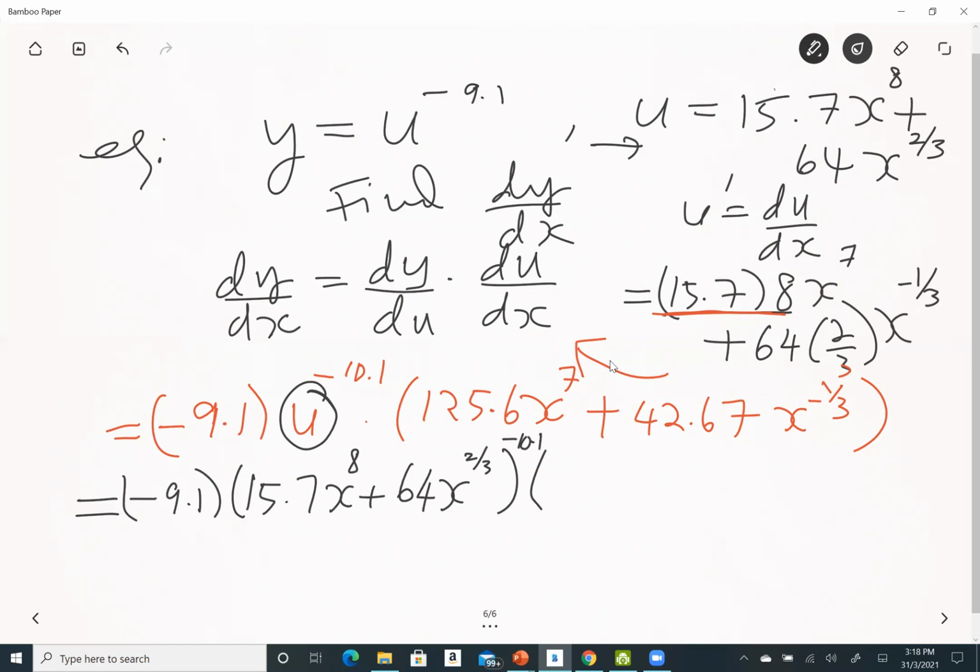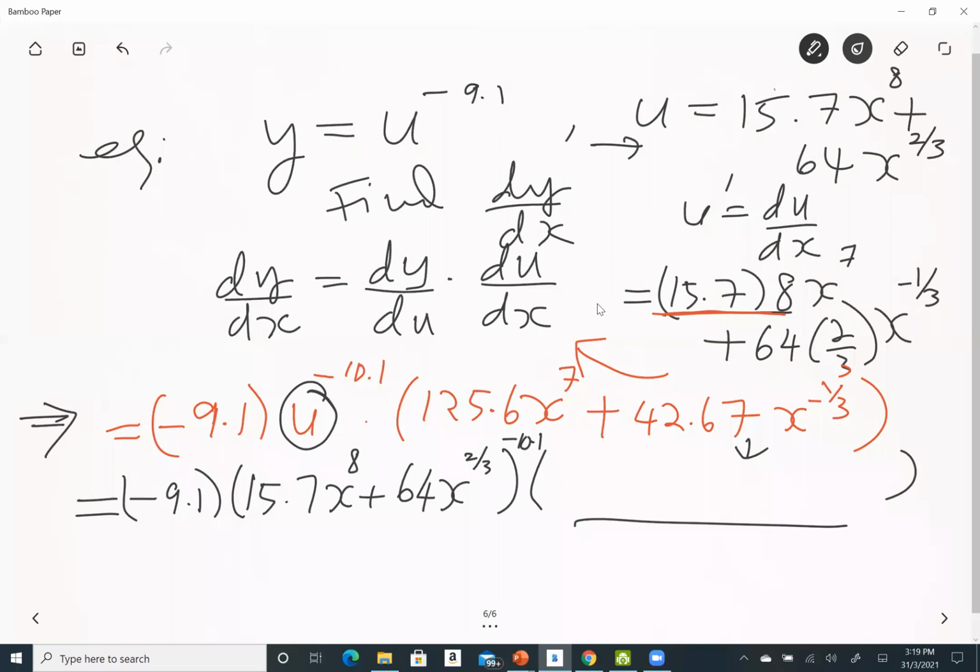I forgot to put the power, so you have to carefully rewrite that form, put in u in terms of x, and then multiply by that term. So that is the chain rule.